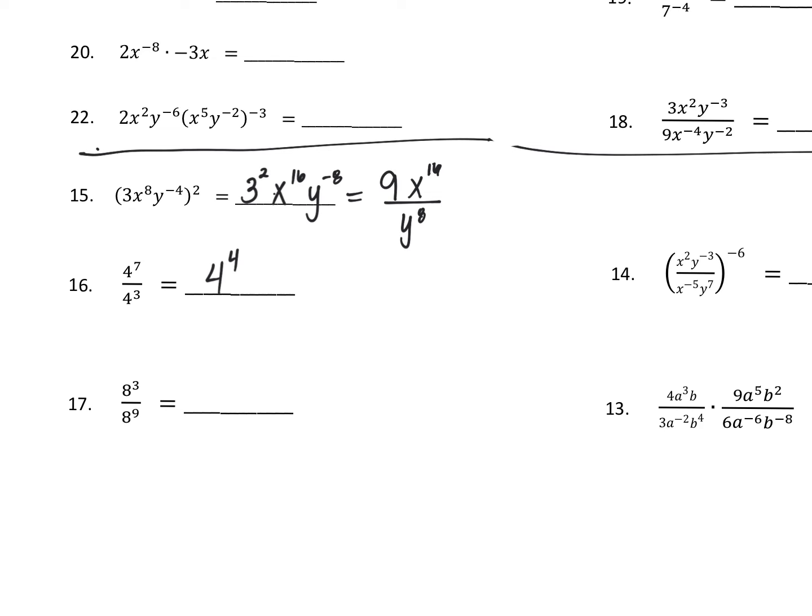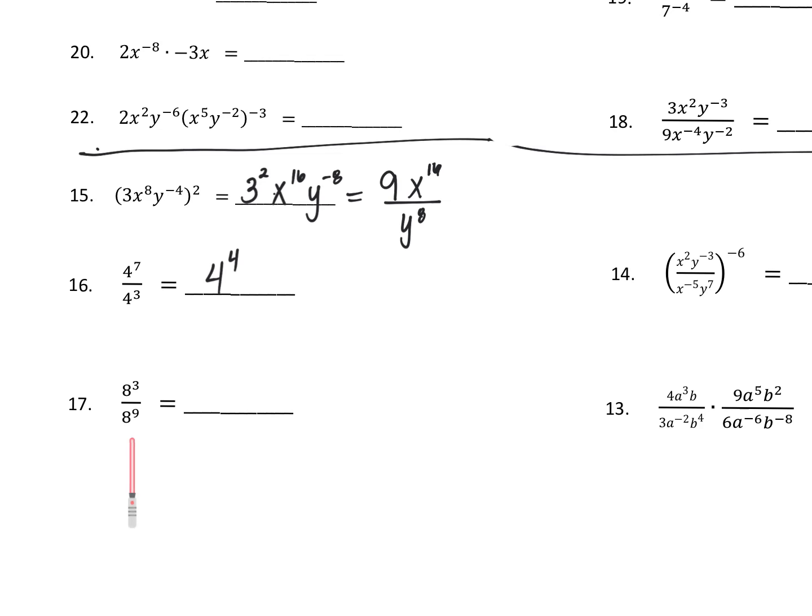You can't make that 6 to the 4th. It's not the same answer. You can't multiply the bases and add the exponents. You'd have to make this 4 times 9 to simplify that. Okay?